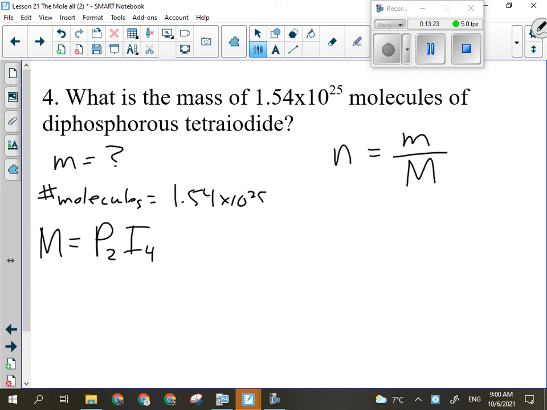It's molecular. We would reduce an ionic compound if it came out like that, but because the prefixes said it was 2 and 4, we keep it that way. All right, so we've got 30.97 for our phosphorus. Okay? And there are 2 of them. And then we have 4 iodines, and that's 126.9.